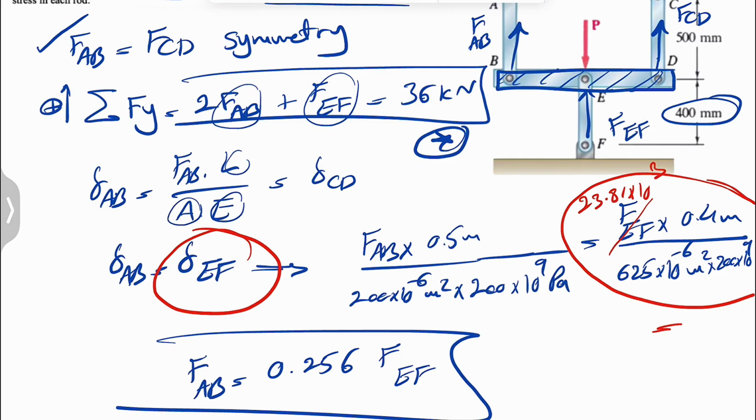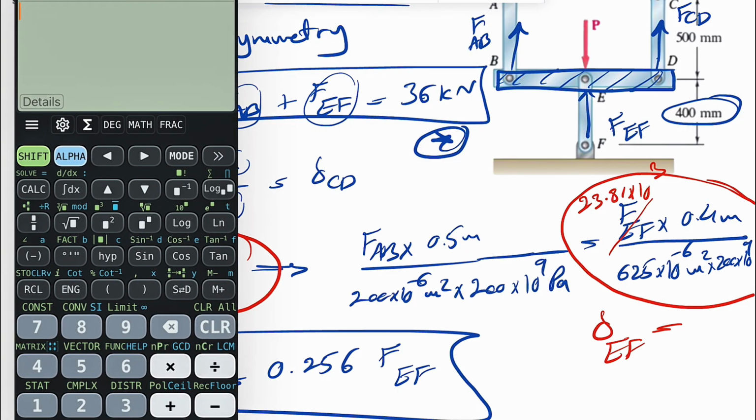This ratio is going to give us the deformation of the EF. You can just calculate it very quickly: 23.81 times 1000 times 0.4, divided by 625 times 200 times another 1000. Actually, those two will cancel out with each other.